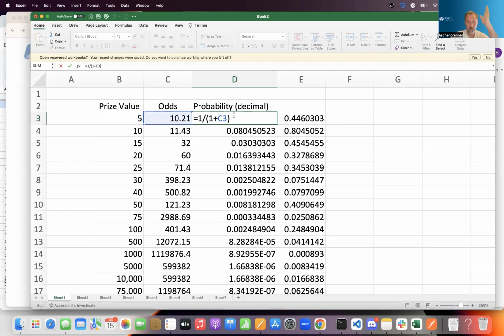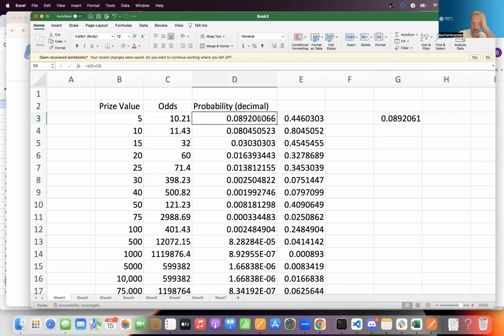I take 1 divided by 1 plus the odds, and then that gives me the probability as a decimal. And notice that I did not write 10.21 here. If I had, I would have got the same result. 1 divided by, I need parentheses here because I want to add before I divide, which is generally out of the order of operations. But this number and this number are the same.